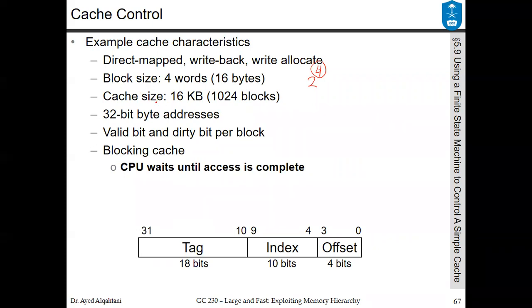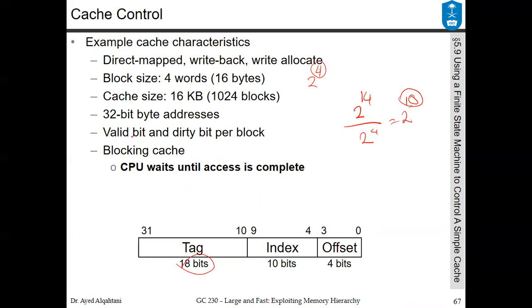Now the cache size is 16 kilobytes, and you want the index bits. Since this is a direct map cache, my cache size is 2 to the power of 14 divided by my block size, which is 2 to the power of 4, and this is equal to 2 to the power of 10. So you take the 10 and you know that this is the number of bits in the index, and the remaining bits would be the tag bits.